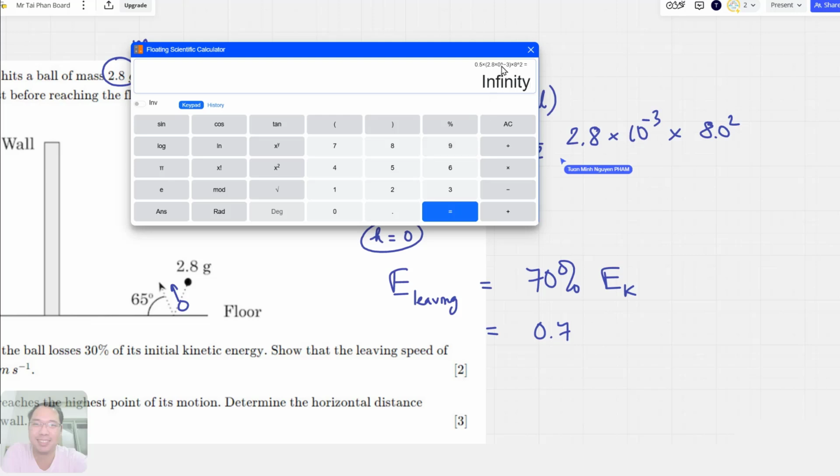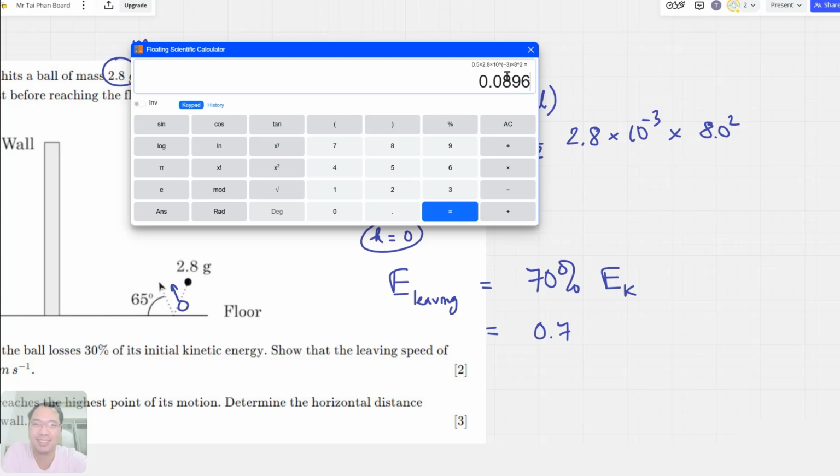Oops, something wrong, I accidentally put a 0 there.